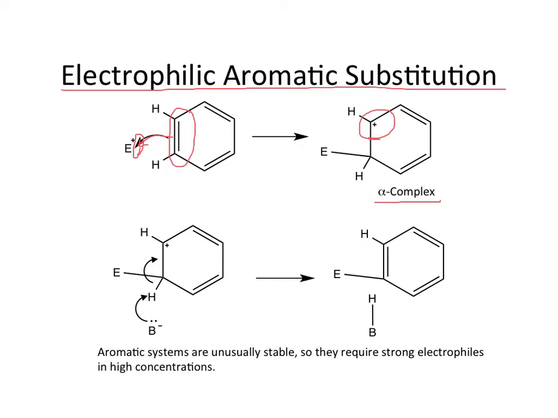As with a number of carbocations, that alpha complex can act as a Bronsted-Lowry acid if we have a Bronsted-Lowry base around. If we deprotonate that, the electrons in the carbon-hydrogen bond of the carbon alpha to the carbocation can move over to recreate the pi bond. It recreates the aromatic system.